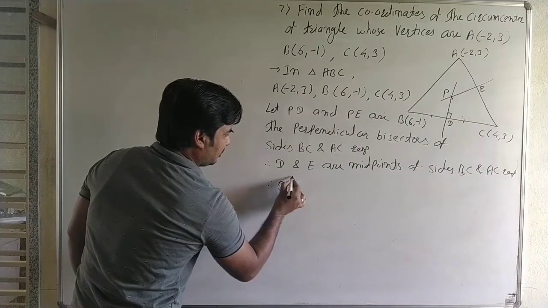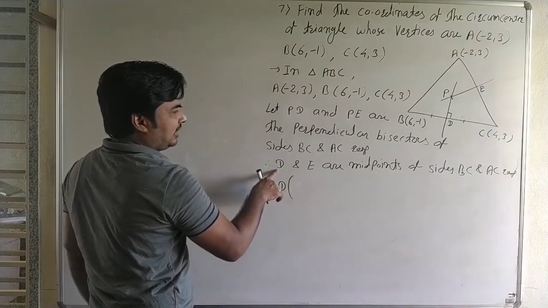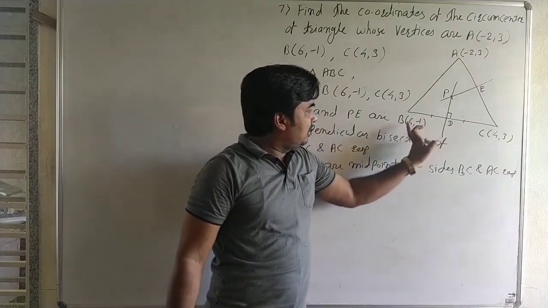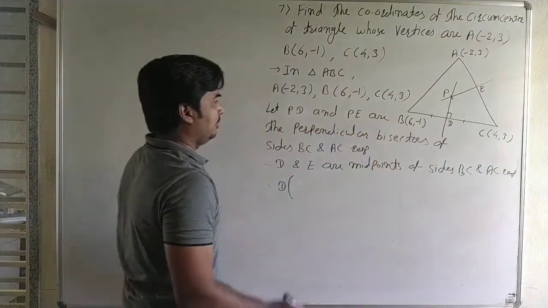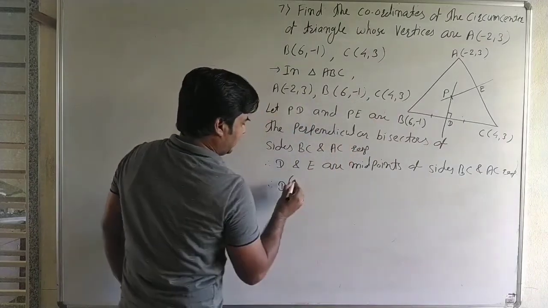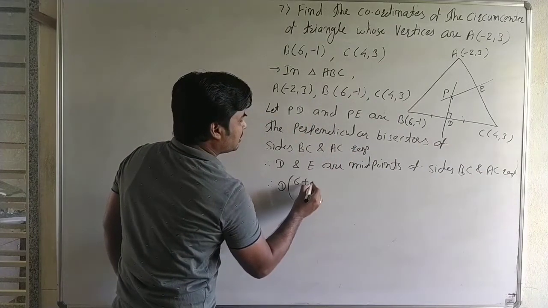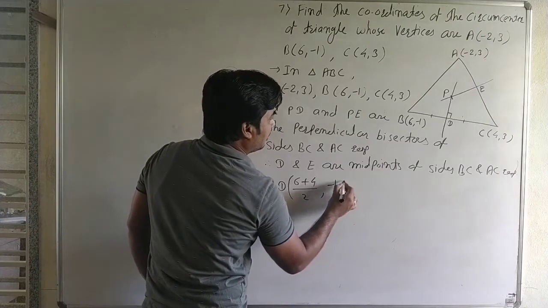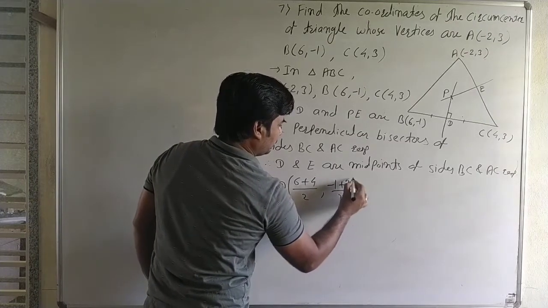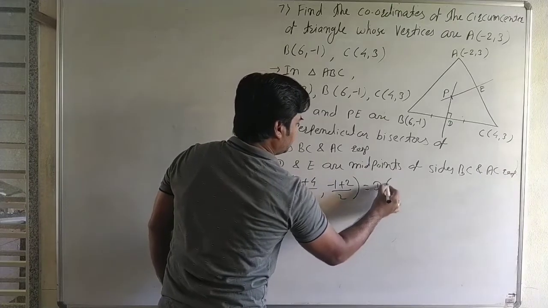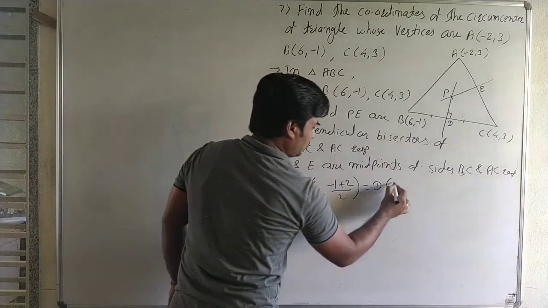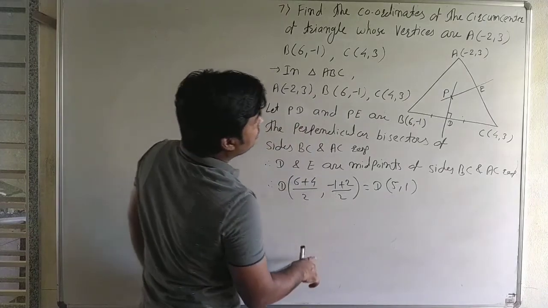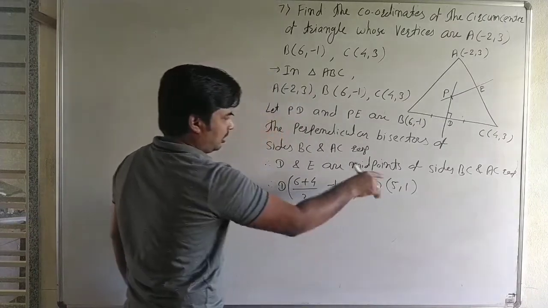Coordinates of D. What are the coordinates of D? D is the midpoint of side BC. Therefore for B and C, it is x1 plus x2 upon 2, y1 plus y2 upon 2. Therefore coordinates of D are 5, 1.